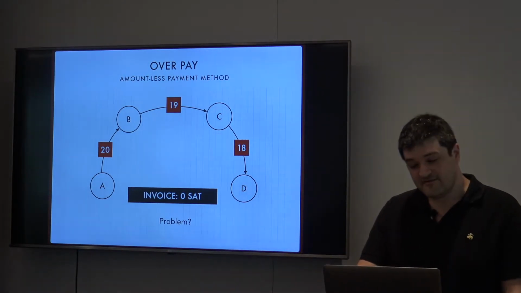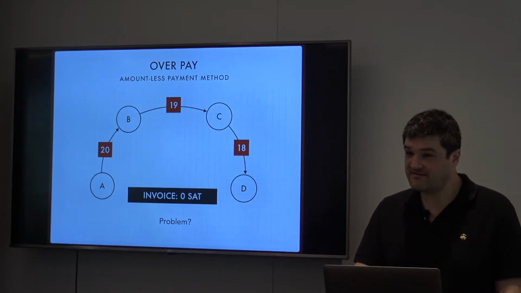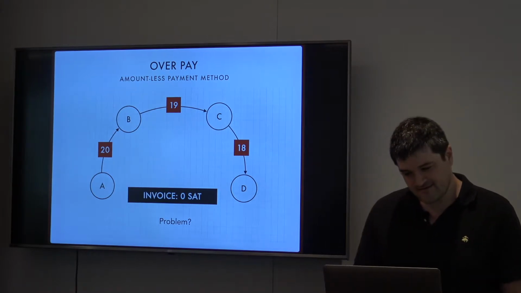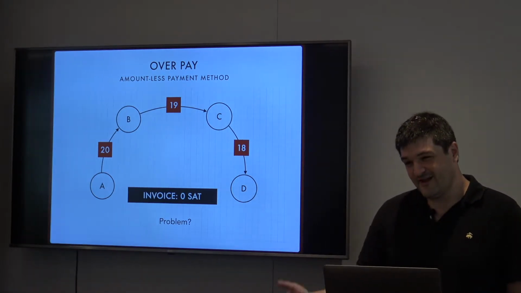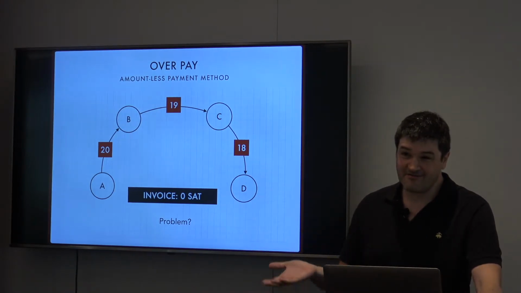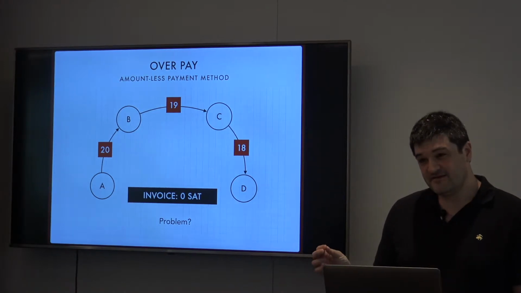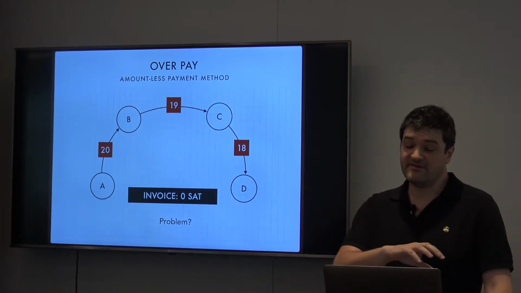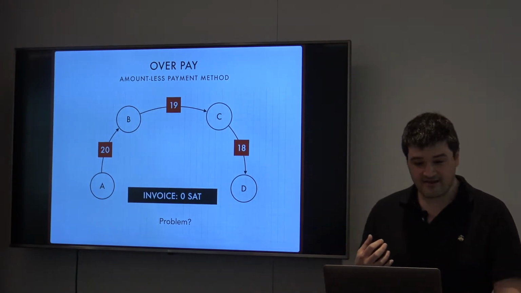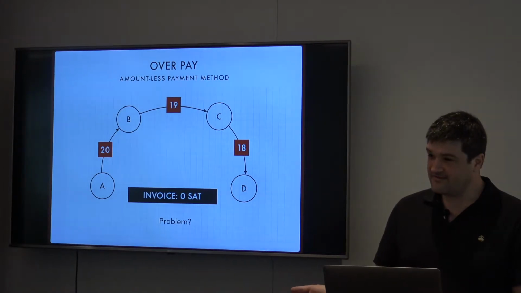invoices. So D has no idea how much to expect. They gave a zero invoice out. So they see an HTLC coming in, and they're going to accept it as long as it's greater than 0, and they're going to give the preimage out. So what C can do, C can get this 19 Satoshi HTLC locked to C, and they can say, oh well, the next hop is going to be this tipping site.